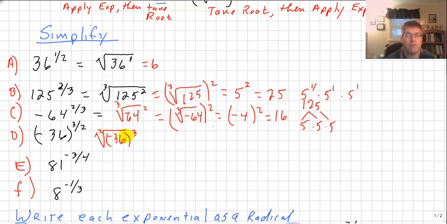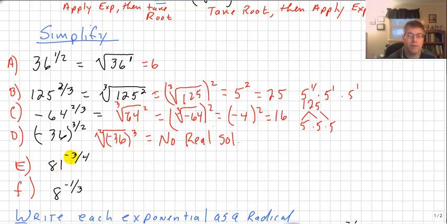Either way, if we cube negative 36, we're going to get a negative result, and we're going to try to take the square root of that negative. Or we can try to take the square root of the negative right away, and we can't do that. So this one has no real solution. There's no real number there.